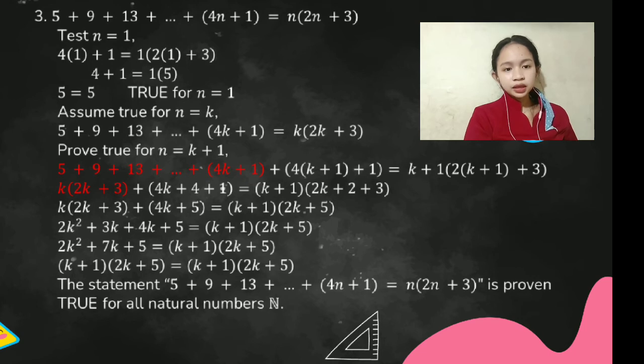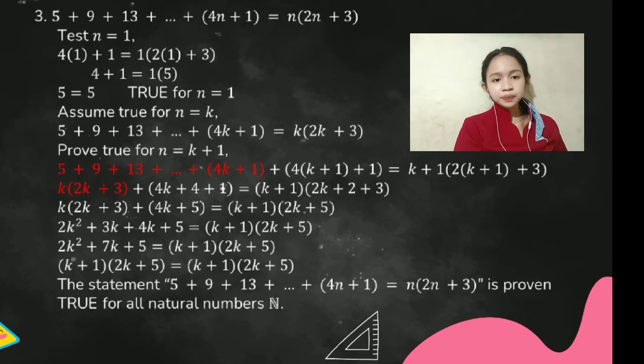And then, expand: 2k squared plus 3k plus 4k plus 5 equals k plus 1, quantity of 2k plus 5. 2k squared plus 7k plus 5 equals k plus 1, quantity of 2k plus 5, and then k plus 1, quantity of 2k plus 5 equals k plus 1, quantity of 2k plus 5.